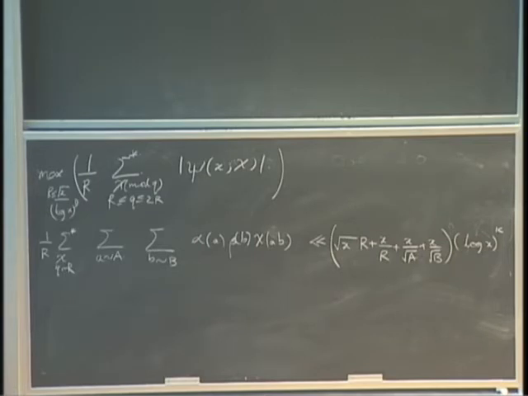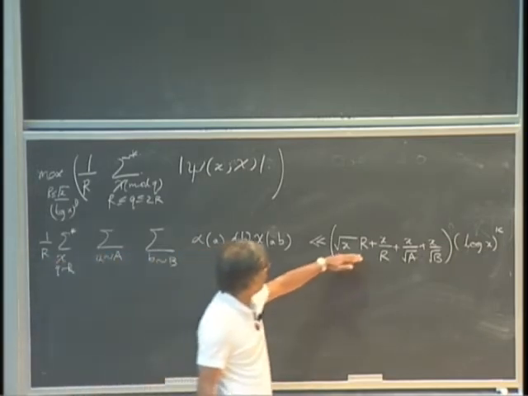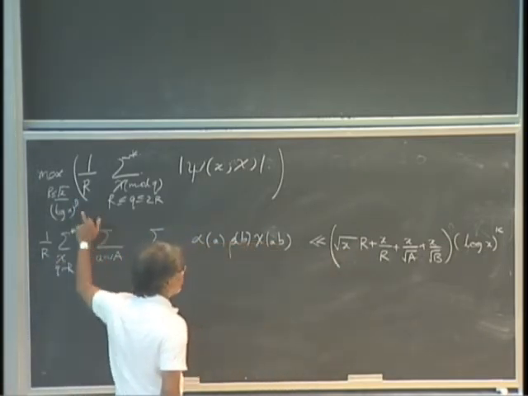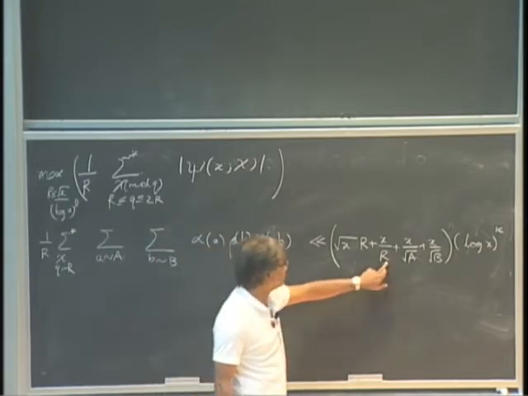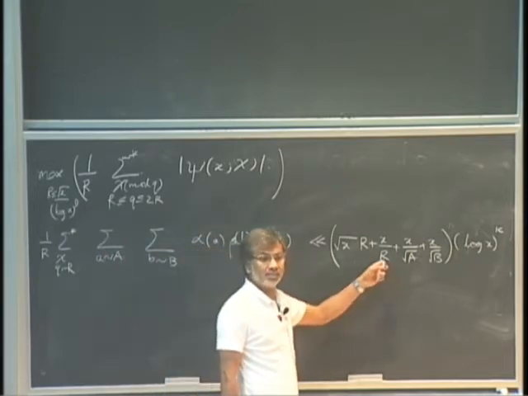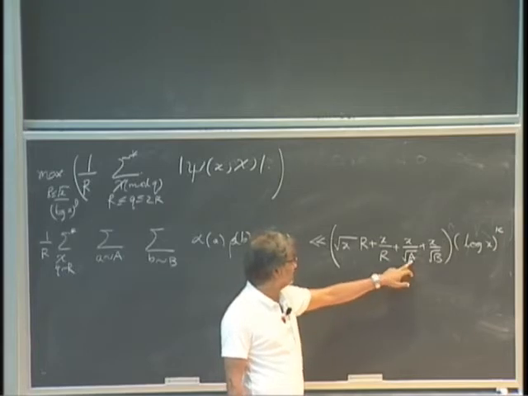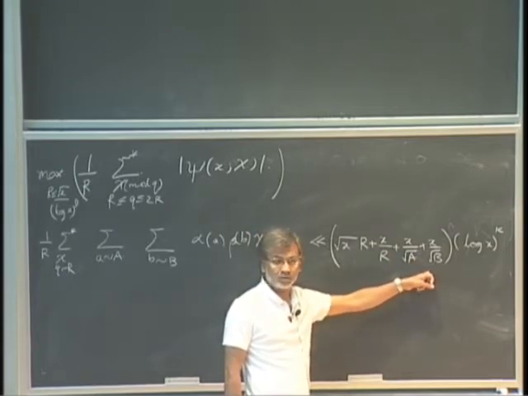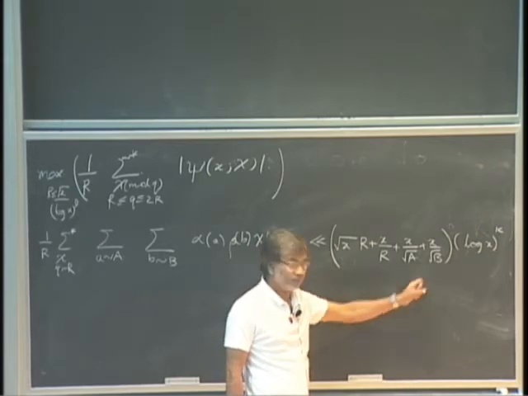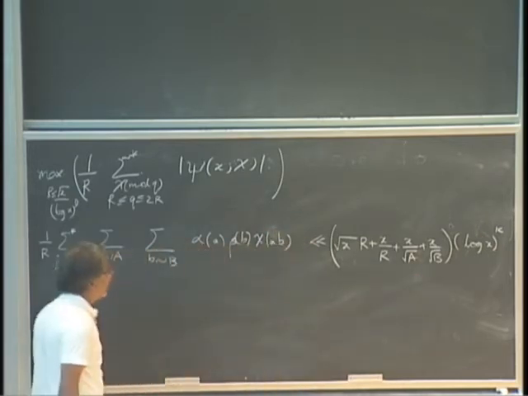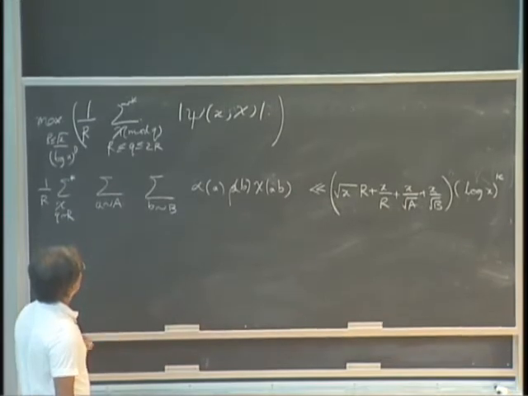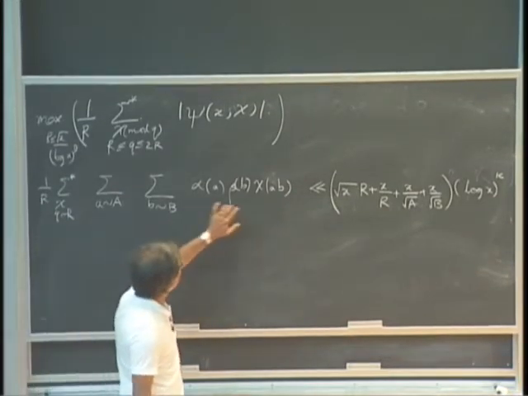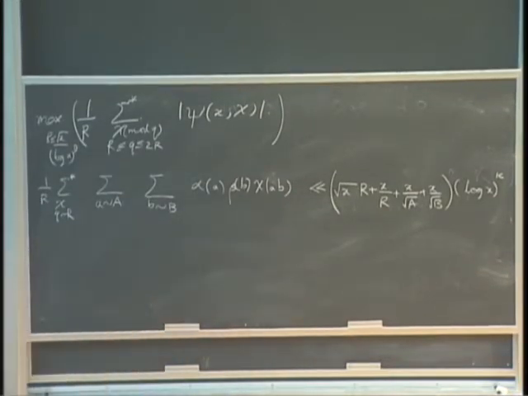This term is good so long as r is less than root x over some large power of log. This is good so long as r is at least some power of log. And these two terms are also okay, provided a and b are at least some large power of log.